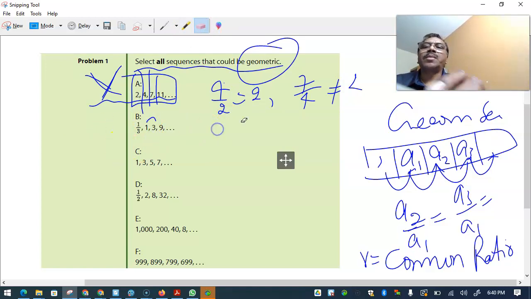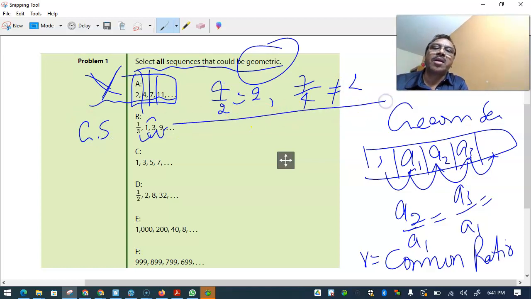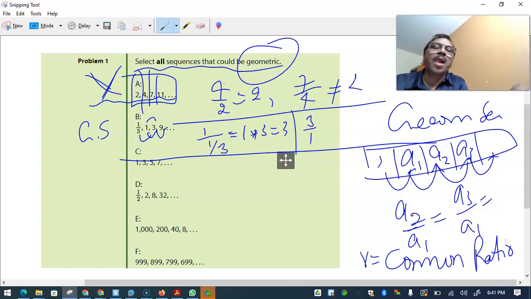So the second problem, of course, with common sense you can see you multiply by 3, and 3 times 1/3 is 3. So you already know the answer. This is a geometric sequence. But to check how exactly to do it, it's 1 divided by 1/3, which is 1 times the flipped denominator, so it becomes 3, and the answer is 3. Next is 3 divided by 1, the third term over the second term, which is also 3.